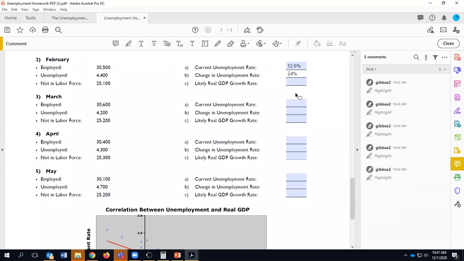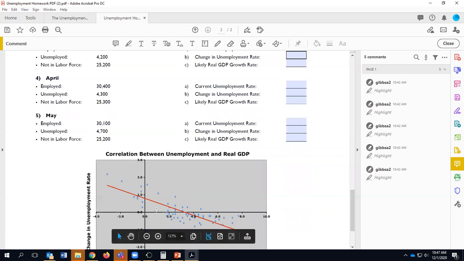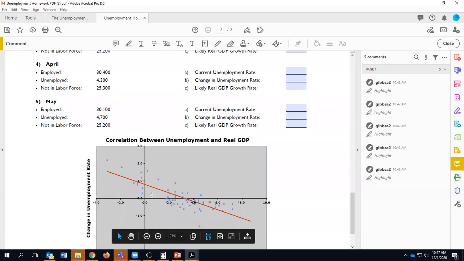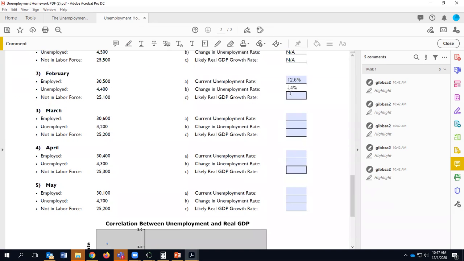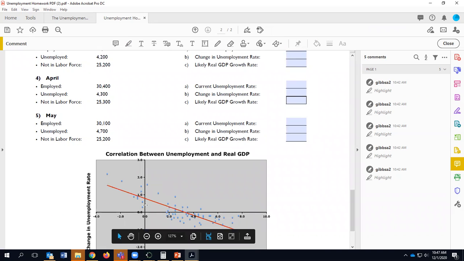So if our 0.4%, it's going to be about 0.5. I'm just looking at the graph where our 0.4% would be.